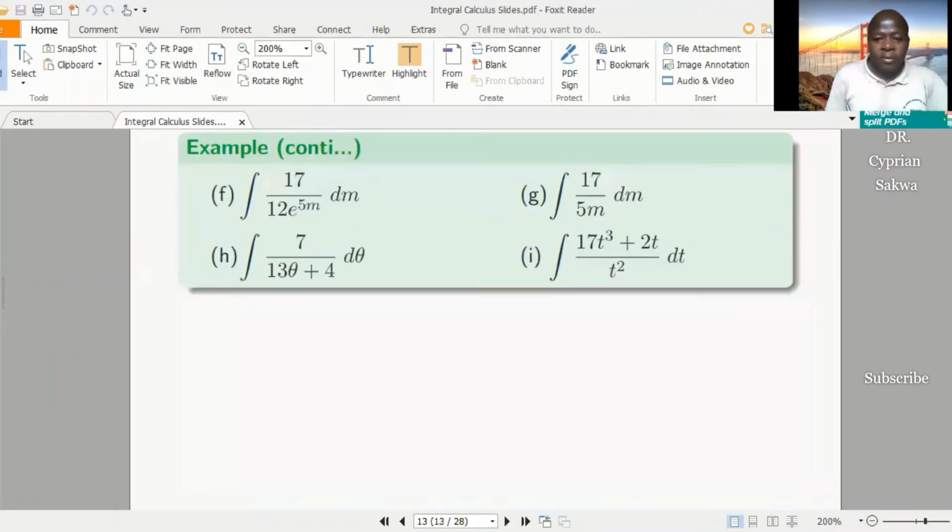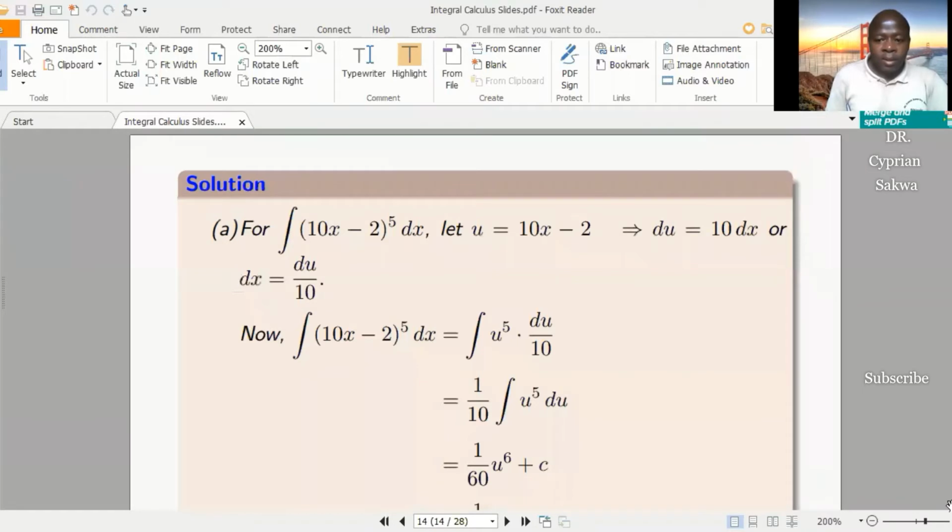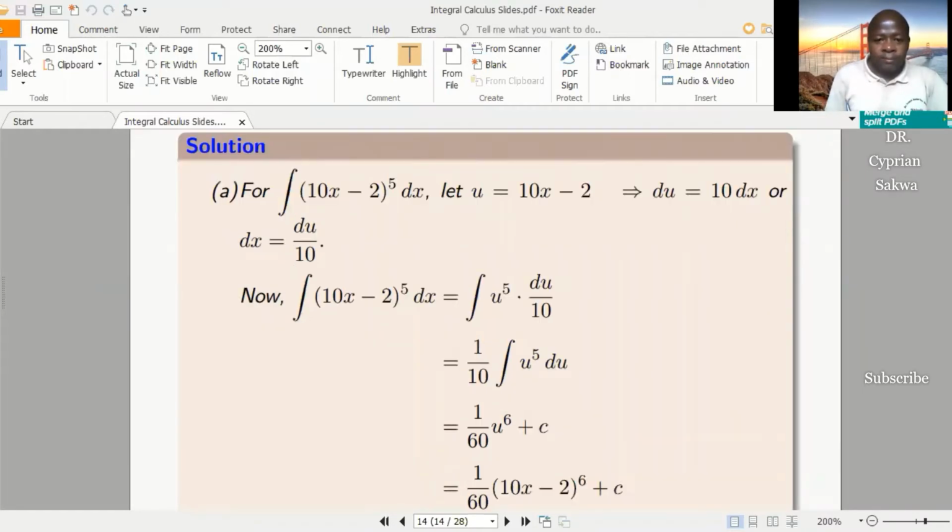The same steps I've already shown you, but let me show you how I did it, and I will do it for the rest of the examples. Now, just going through the steps again, what we want to integrate is this.